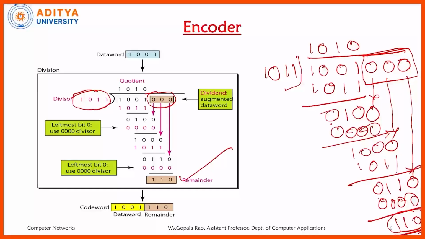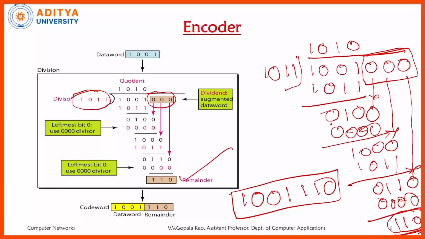Now the new code word will become like this. We start with the data word as 1001, but the remainder what we obtained is 110. This is totally the new code word that is actually to be sent in the transmission. So this is the way how the code word is indicated here. So that is about the process at the encoder.